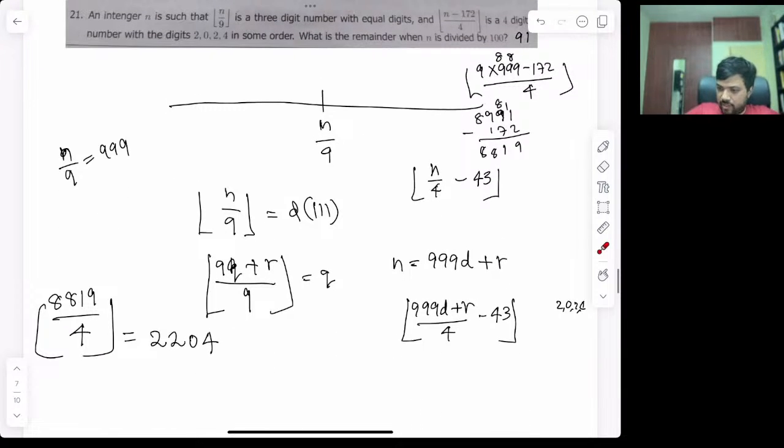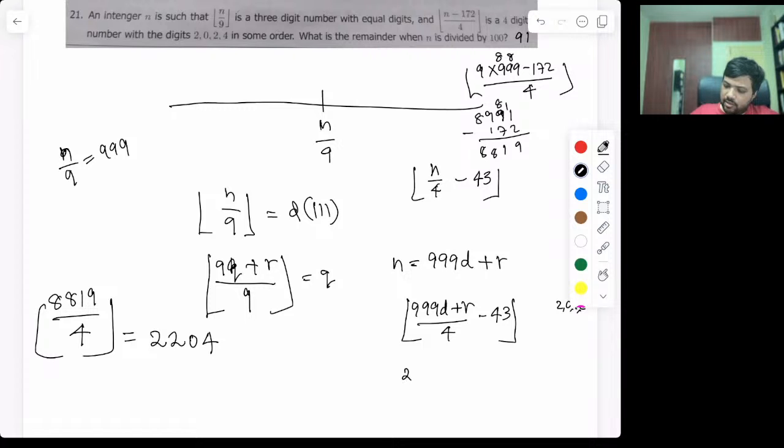But let me just continue with this line of thought. 999d plus r by 4 minus 43 is 2024 in some order. Is 998 divisible by 4? No, 996, okay. I'm just trying to see if there was a way to get this answer by really working it out.